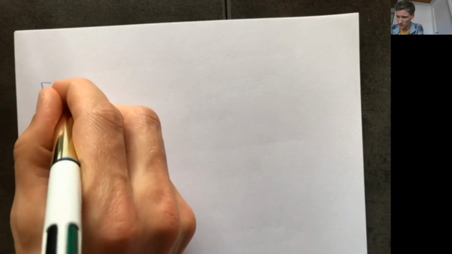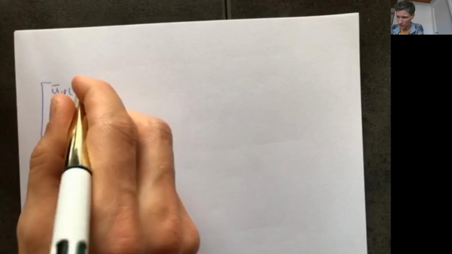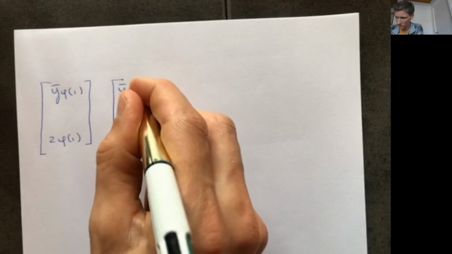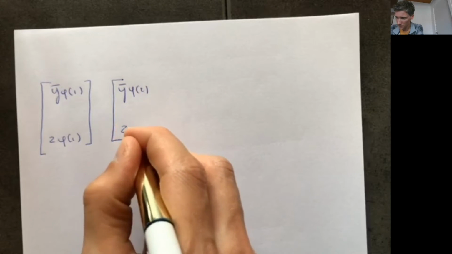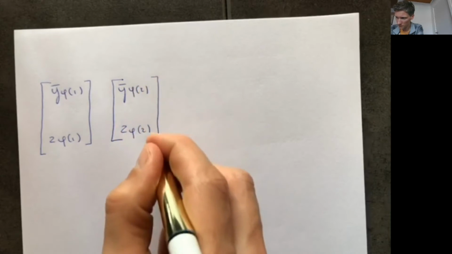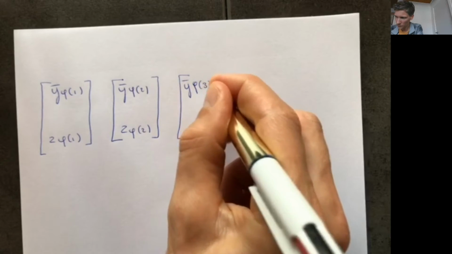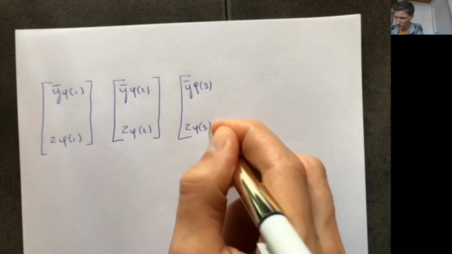Let me copy it back here, because it's quite important. z phi 2, y phi 3, z phi 3.